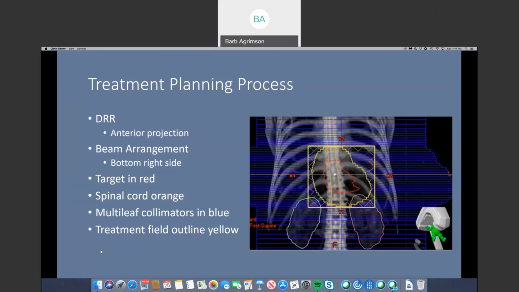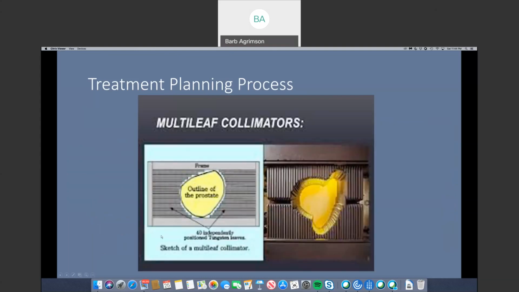Blue leaves in this image are actually solid in the treatment machine, and they restrict the radiation from passing through it. So here's a picture of what the MLCs would look like in the head of the treatment machine. They can adjust and change shape if it's in a dynamic motion, or they can be static, as you see in this image here.